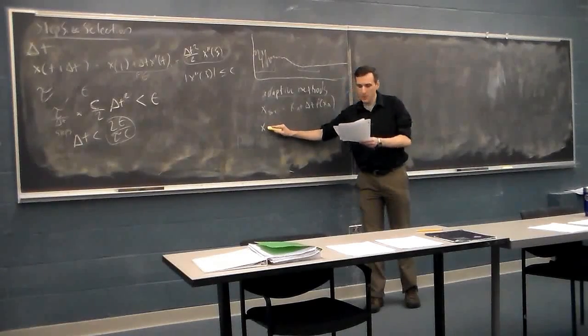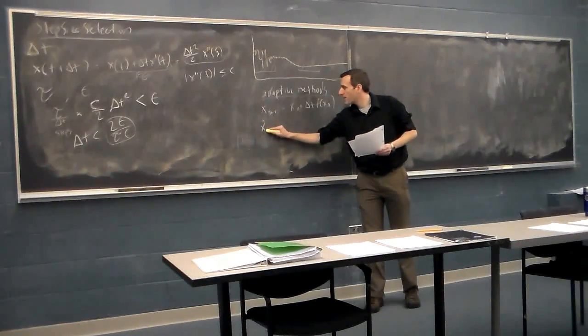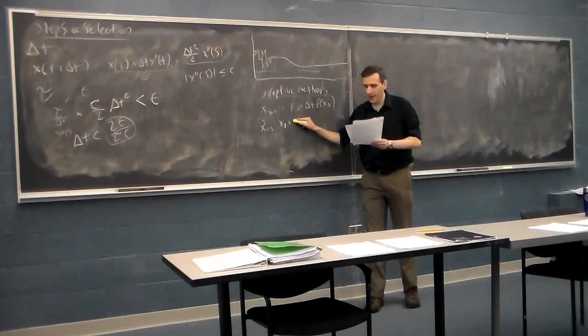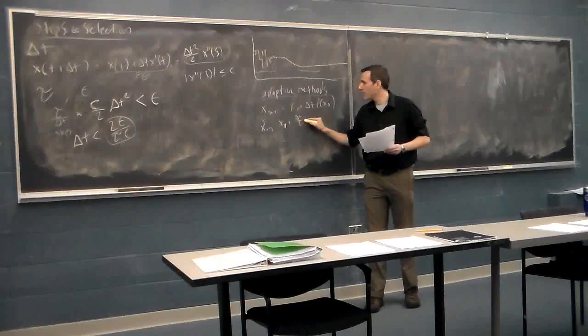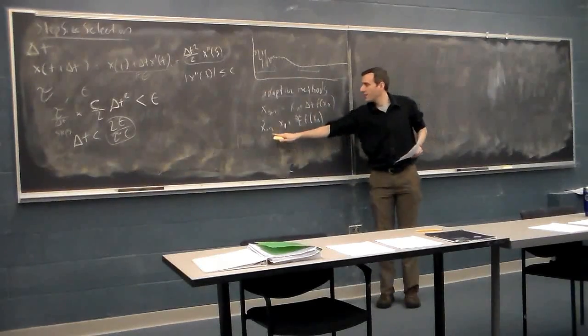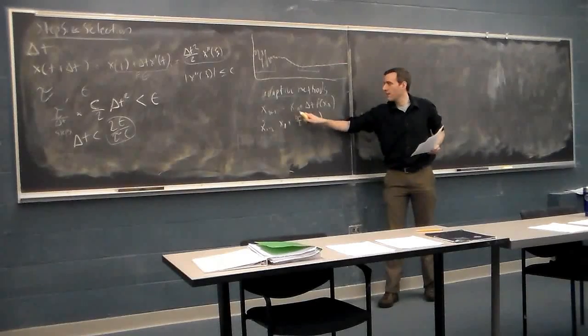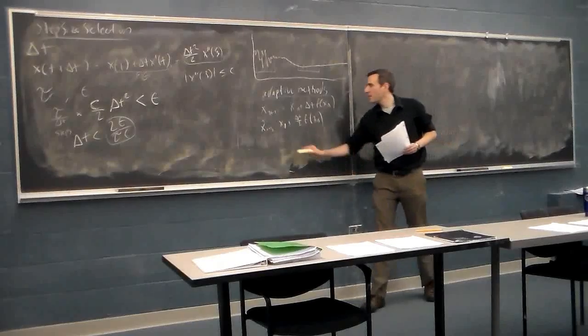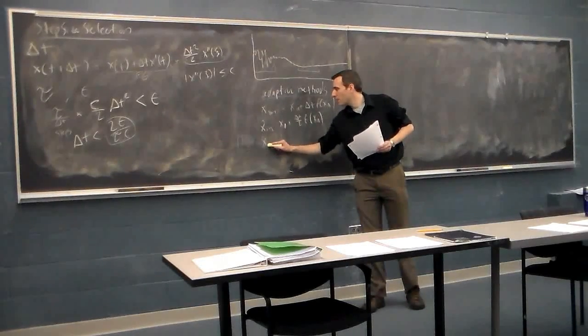So we could say that maybe we've got some x hat of n plus 1/2, which will be half of a forward Euler step, sort of like we're doing the midpoint method. So that is x hat n plus 1/2 is x n plus a half time step, delta t over 2, f of x n. And then instead of doing what we do with the midpoint method, just take one more half step.